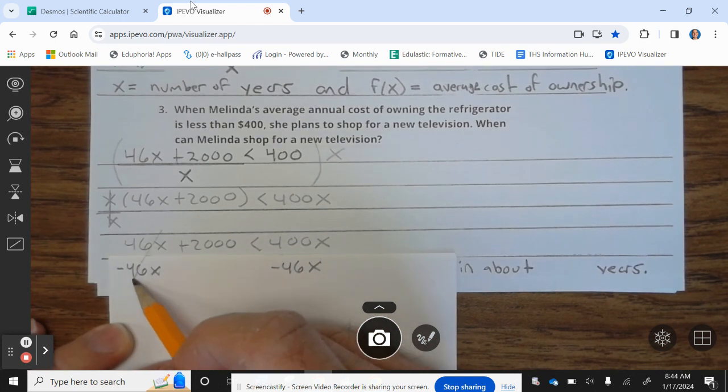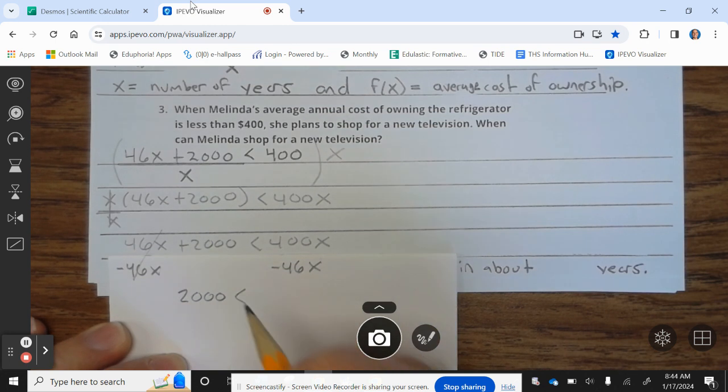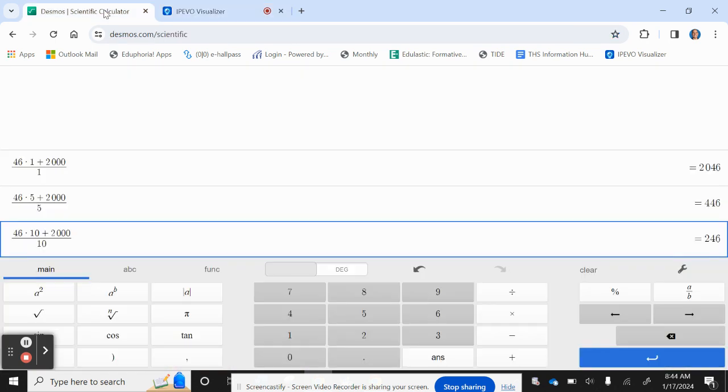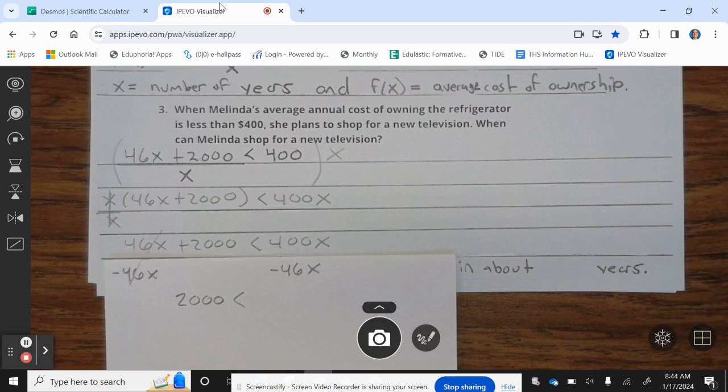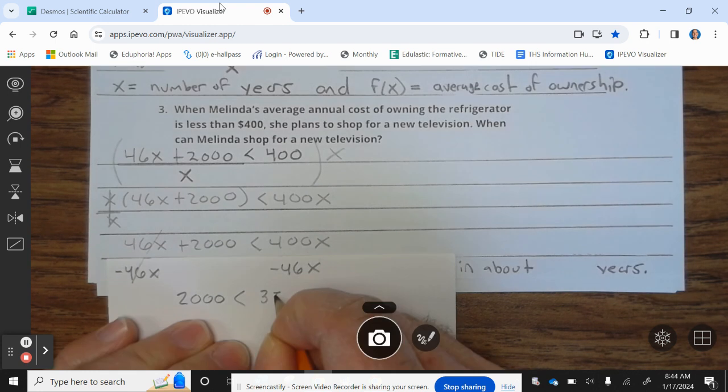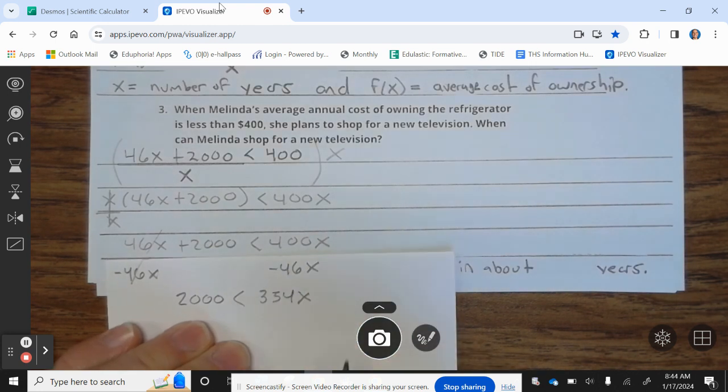This cancels. You're left with 2,000 less than 354x.